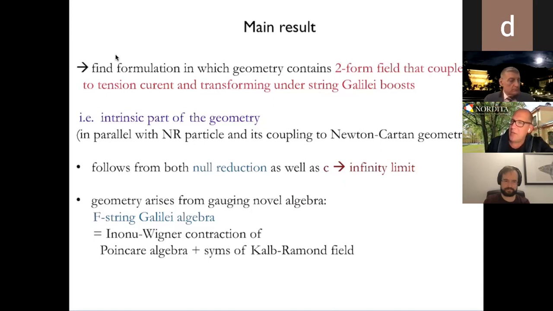So the geometry associated to this new target space geometry for non-relativistic strings is a novel algebra, and you can get it, and that's also the way we will get it in this talk, as an Inönü-Wigner contraction, not of the Poincaré algebra by itself, but of a stringy version of the Poincaré algebra, namely the Poincaré algebra plus the algebra that extends this with the symmetries of the Kalb-Ramond B field. So in that sense, you need the full NS sector of string theory, and then perform an infinite speed of light limit to get this algebra.